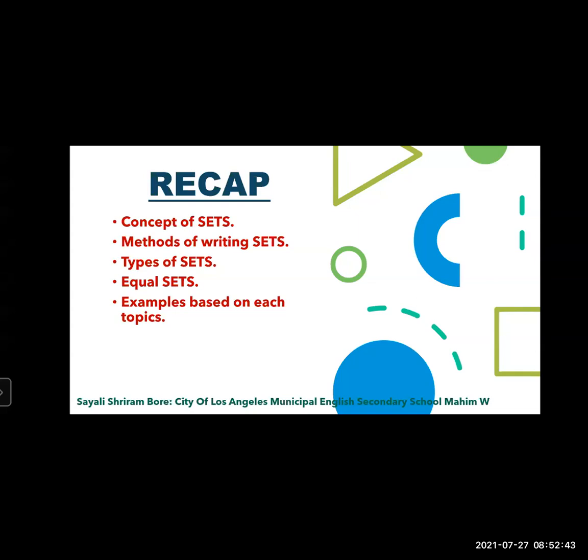Then types of sets. In types of sets, we have seen 4 different sets along with their examples: singleton set, empty set or the null set, finite and the infinite. Okay.